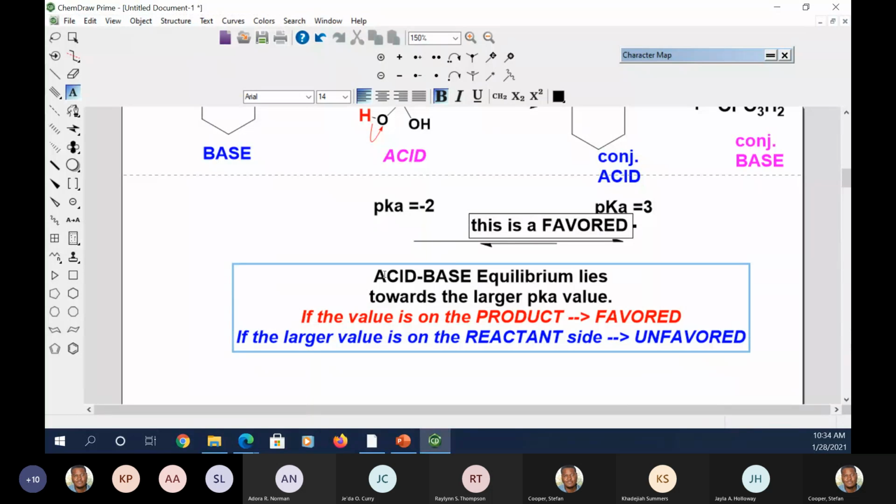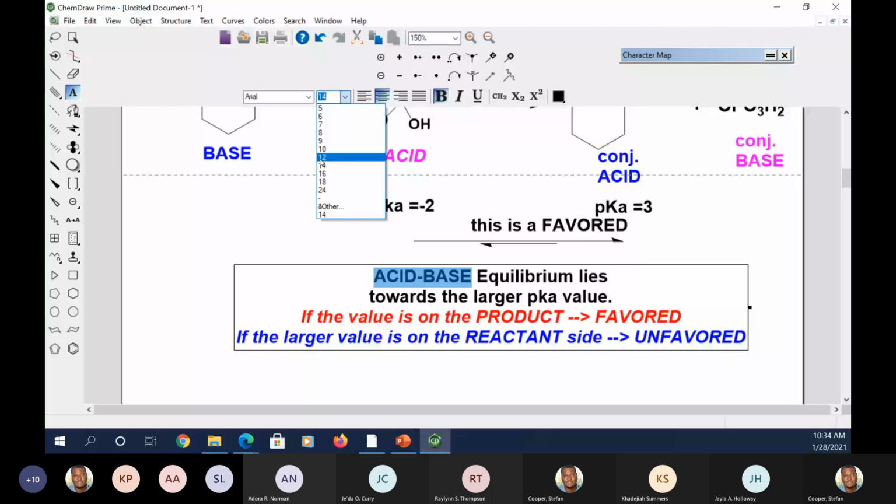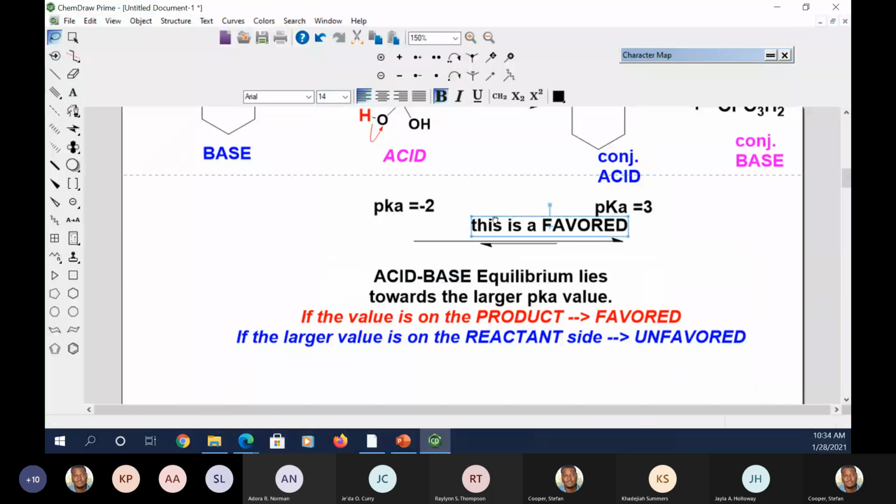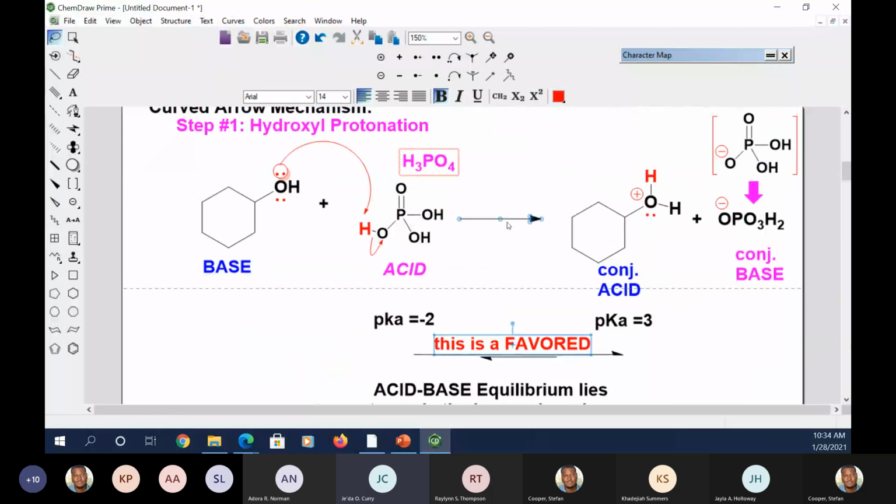So good. This is just a review, and I'm hoping this makes things make a little bit more sense. This is relying on skills that you already know. So this reaction that we just did is favored, and this is why I typically give this arrow here.